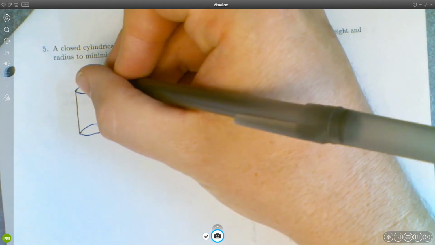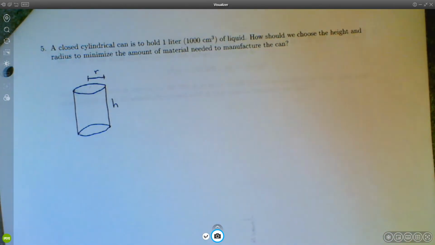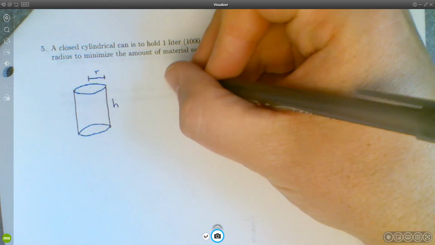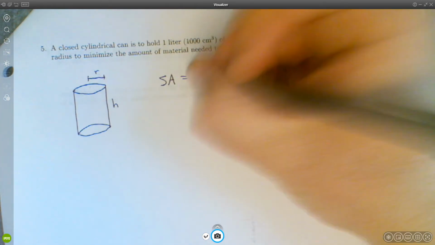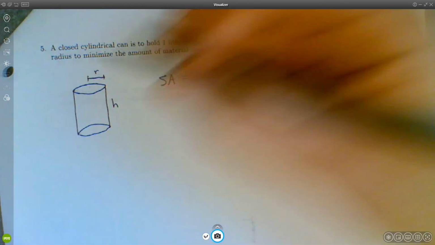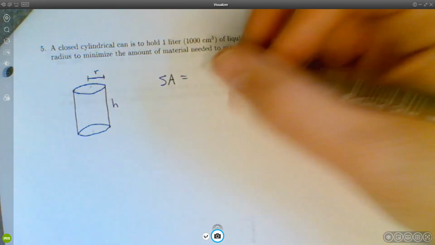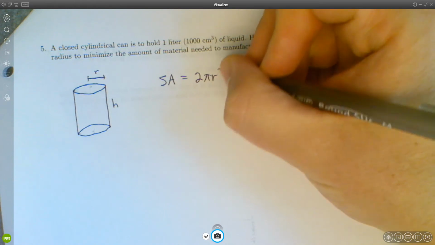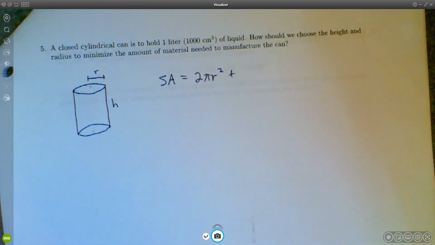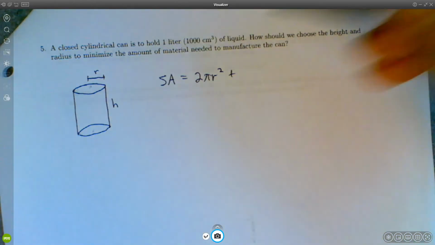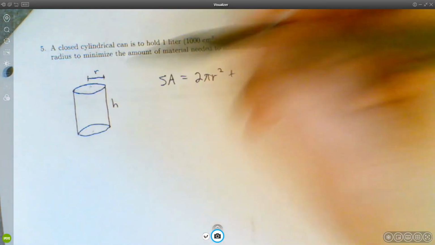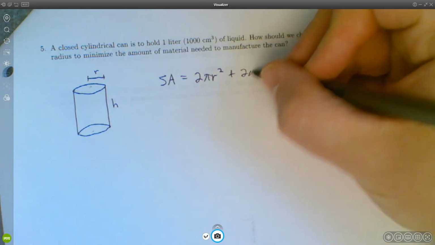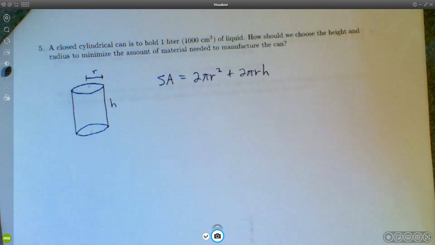So if we call the radius r, then it would be 2 pi r. Okay, so the surface area is 2 times the area of the circle on top and bottom, so that's 2 times pi r squared, plus the area of the rectangle. That's going to be 2 pi r h. Okay.